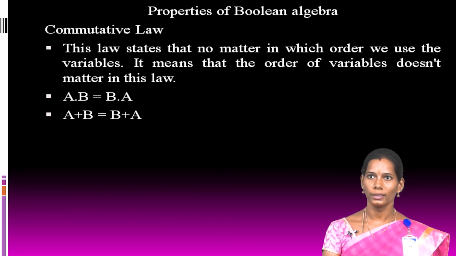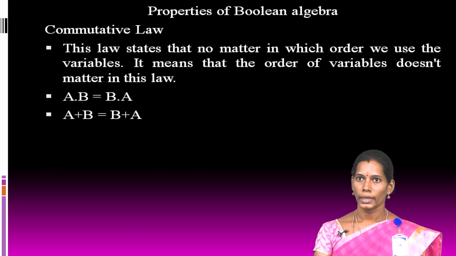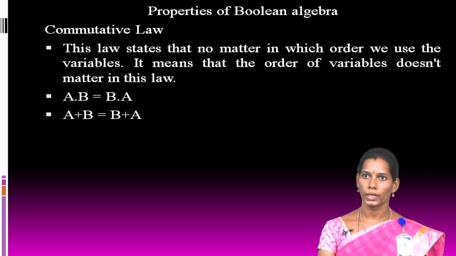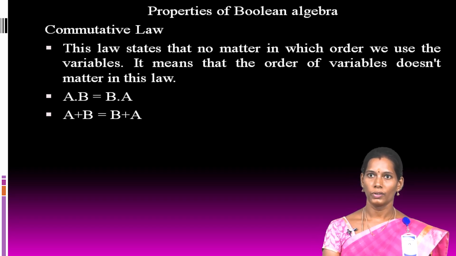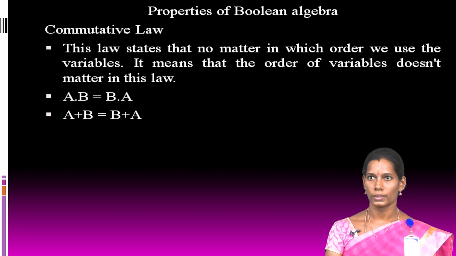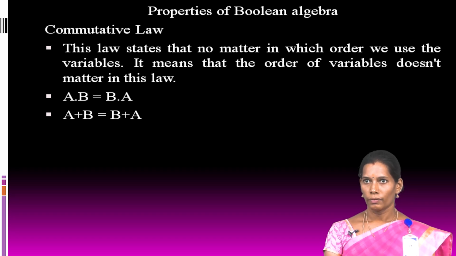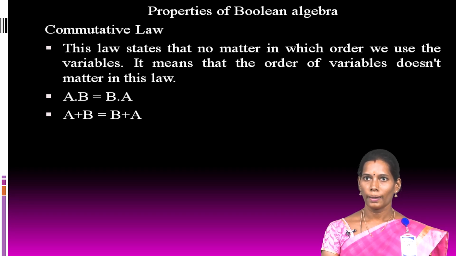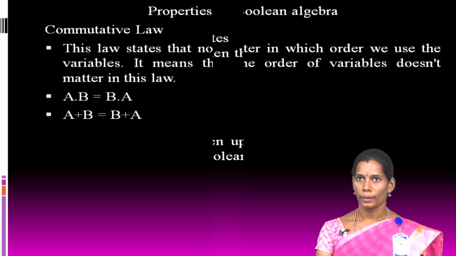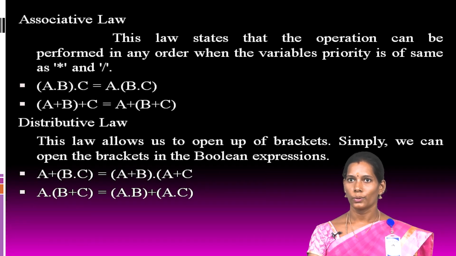Properties of Boolean algebra. First one, commutative law. This law states that no matter in which order we use the variables, it means the order of the variables does not matter in this law. For example, A into B equals B into A. Another one is A plus B equals B plus A. And next one, associative law.